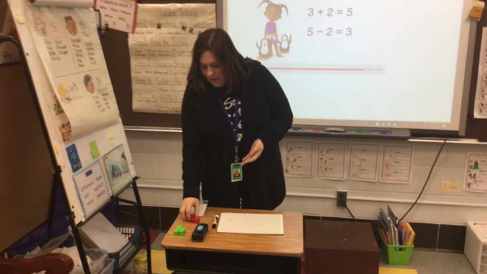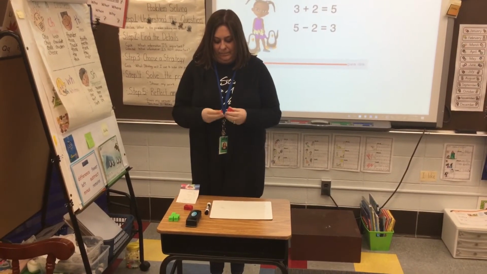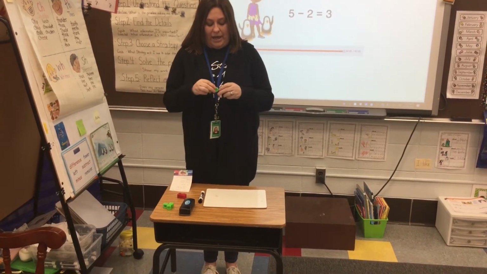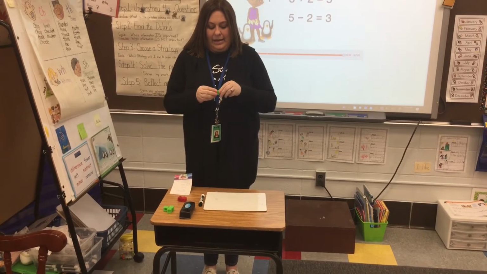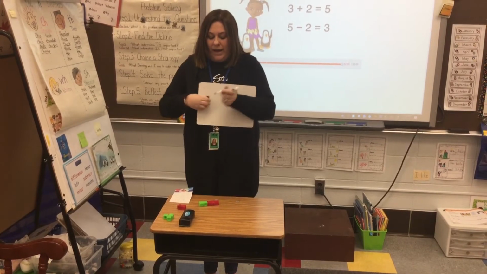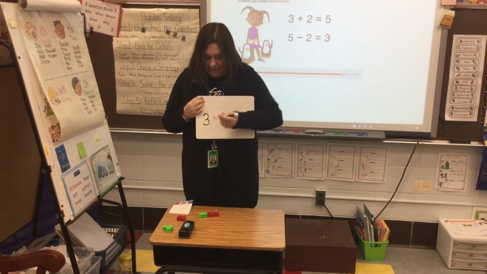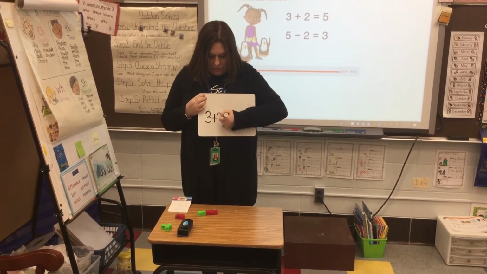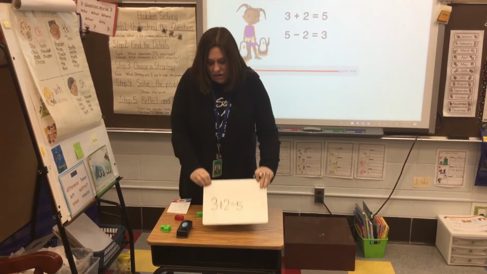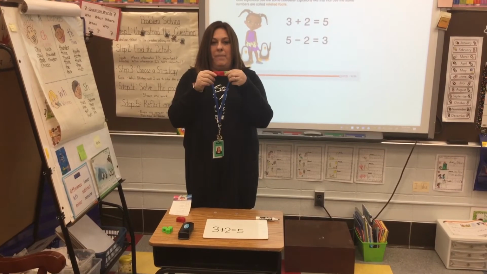So if Miss Arbuckle had 3 penguins, and then I had 2 more penguins come and join to play, I have 5 penguins all together, which means that when I write the equation, I'm going to say 3 plus 2 equals 5.